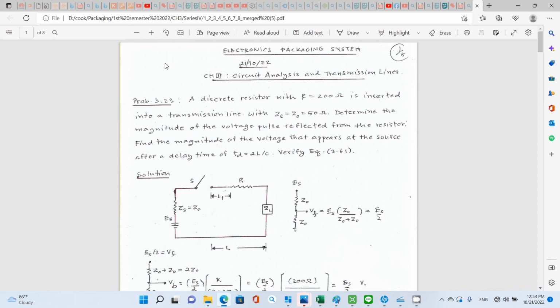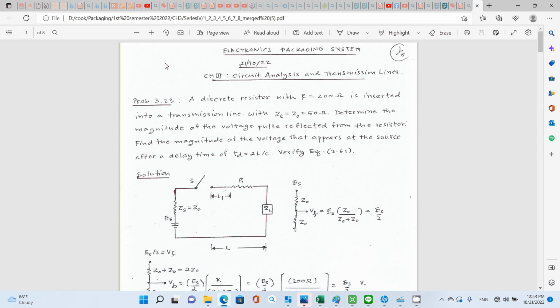A discrete resistor with R equal to 200 ohms is inserted into a transmission line with ZS, the source impedance, equal to the characteristic impedance, equal to 50 ohms. Determine the magnitude of the voltage pulse reflected from the resistor.